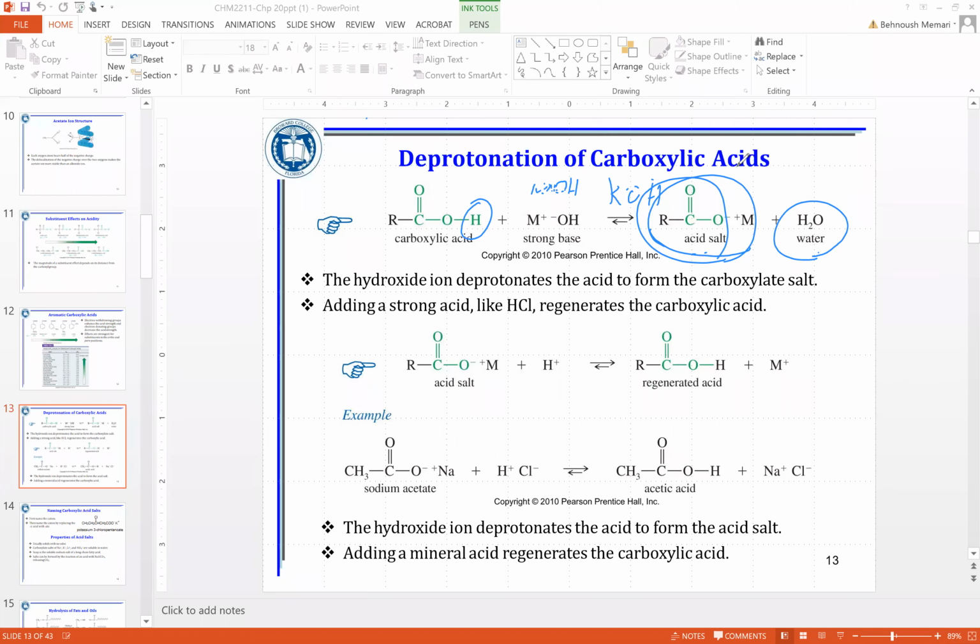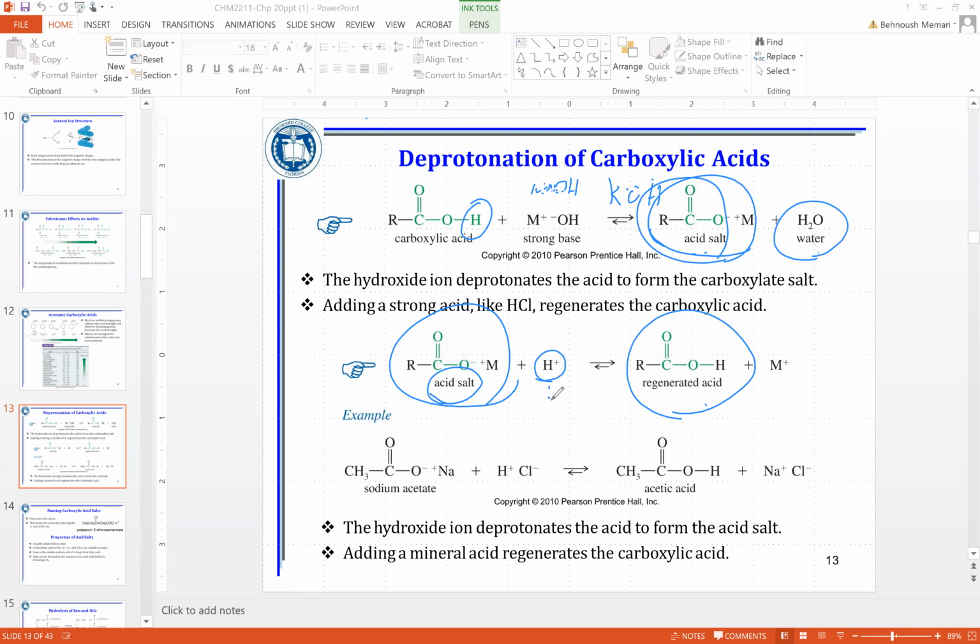If you have the salt of the acid and you add an acidic solution, it would regenerate the acid. We have used this in the past for recrystallization of benzoic acid. If you add sodium hydroxide, it would go to the salt form and be in aqueous solution.